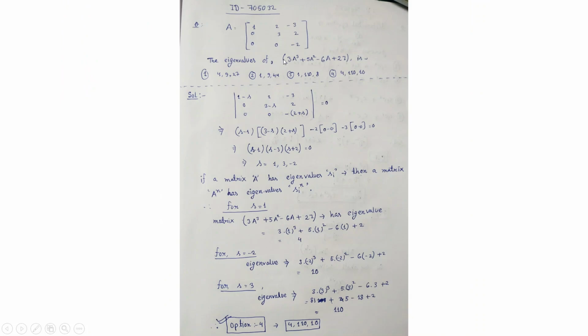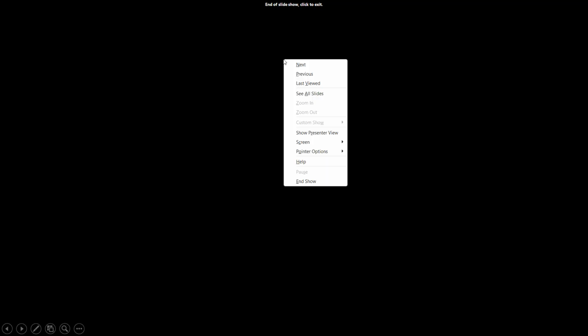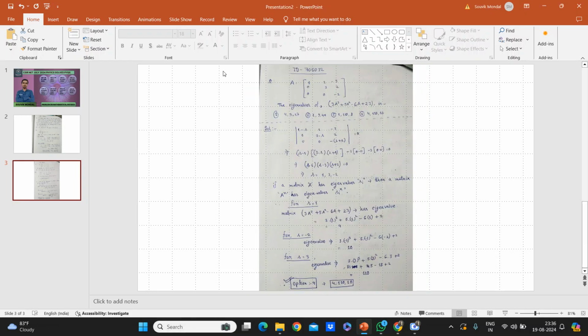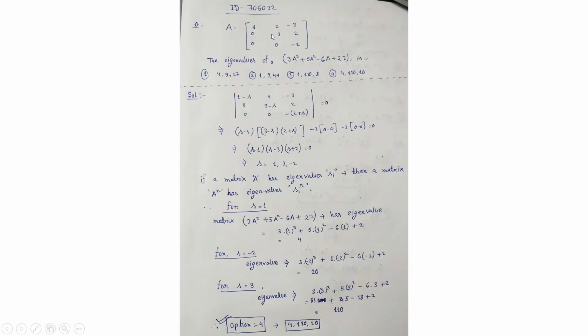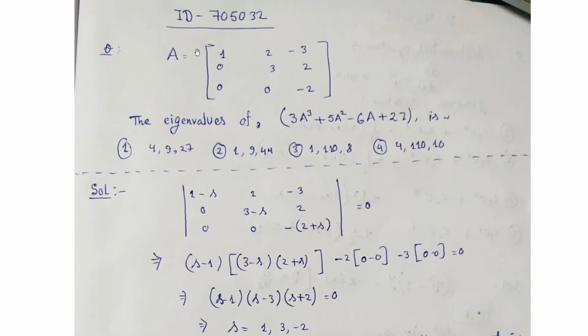And there is another problem from matrices. A is a 3 cross 3 matrix, and we have to find the eigenvalues of the matrix 3A cube plus 5A square minus 6A plus 2I. So these are the options.